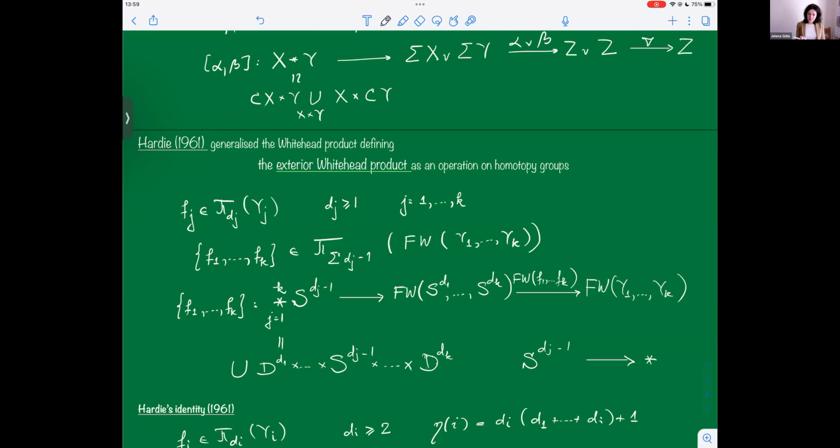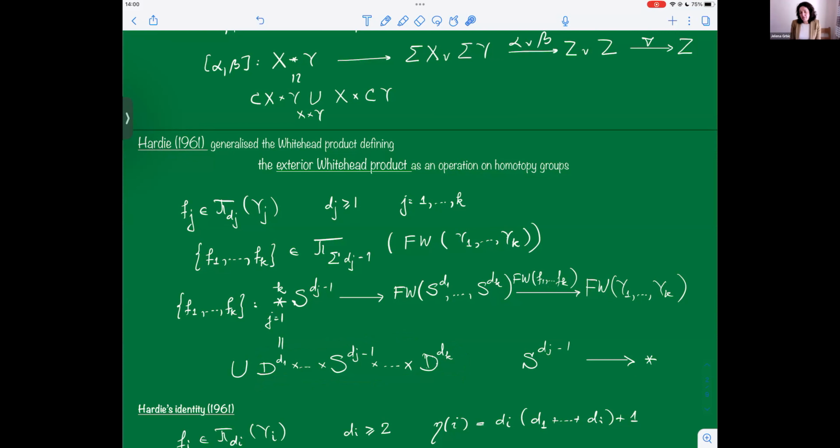So if we collapse that product of spheres, what we end up having is a fat wedge of spheres in dimension d_1 to d_k, because the disk, when you collapse its boundary, is mapped to a sphere. And when you collapse a sphere, obviously it goes to a point. So that's how we get a fat wedge, because in each of these summands we have only one sphere and the rest are disks.